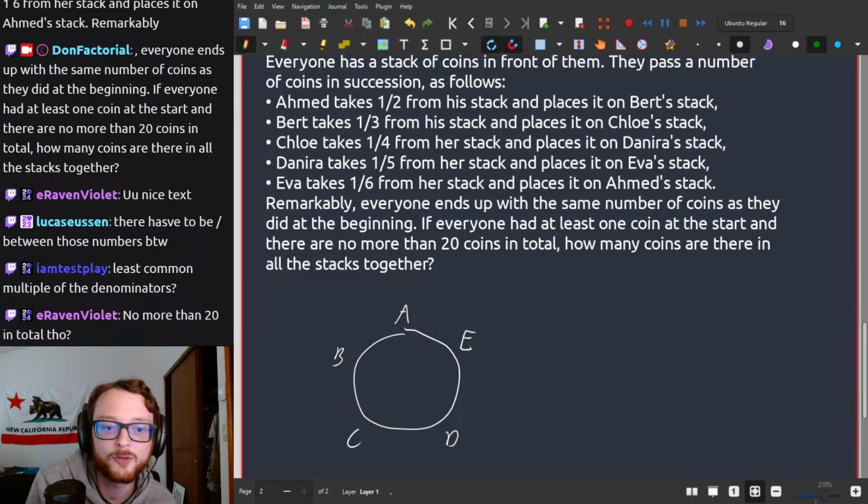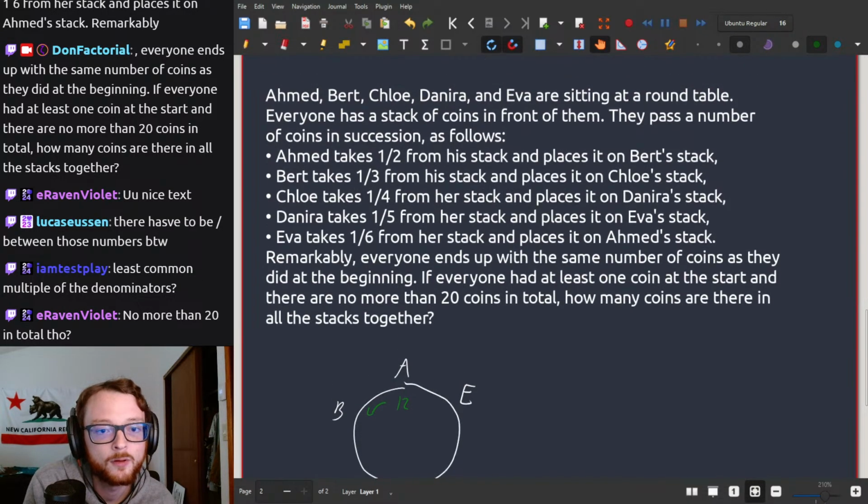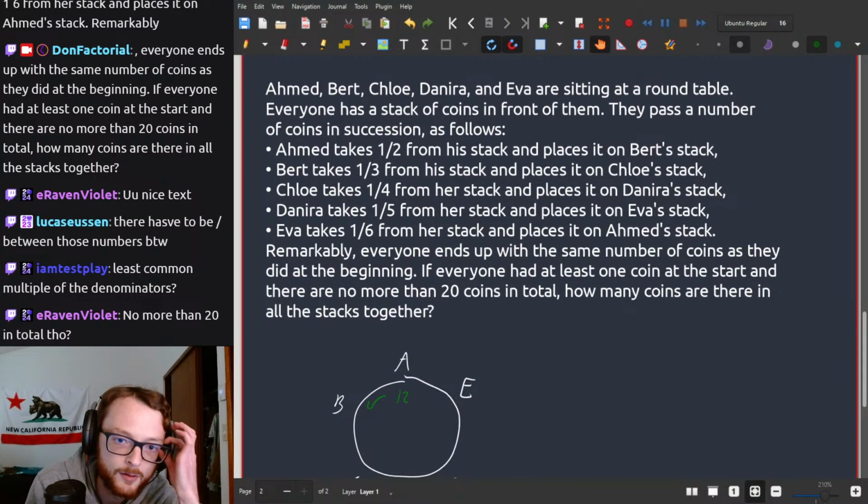Okay, so let's pretend that we start with 12. Wait, so... Oh, wait, 20 coins in total. Wait, do they all have the same number of coins? I don't see them saying that.